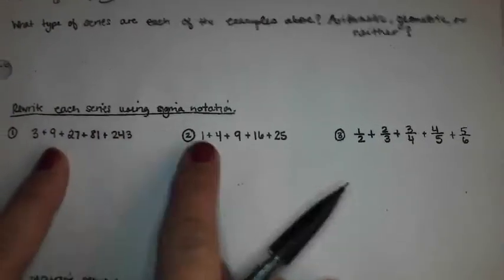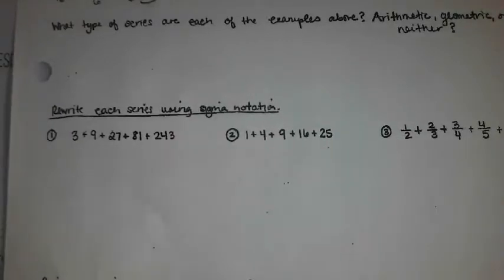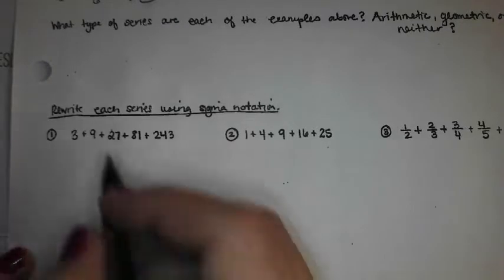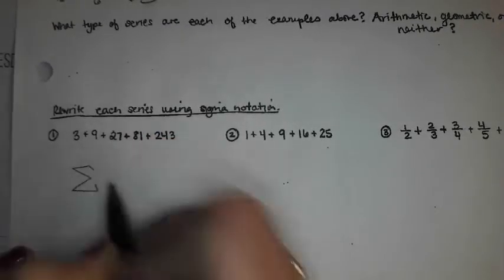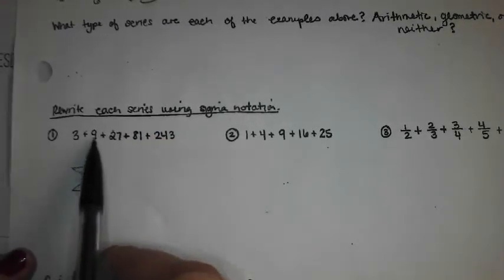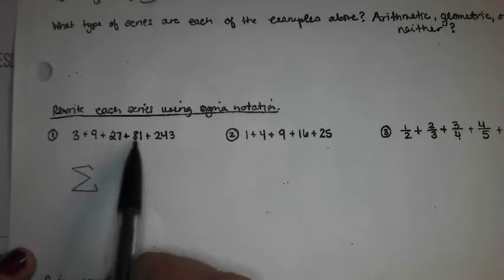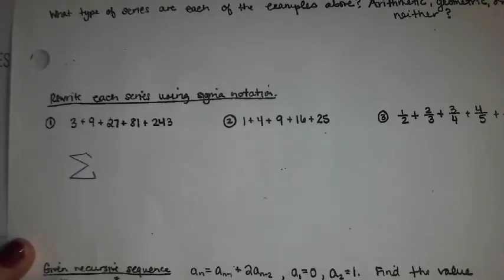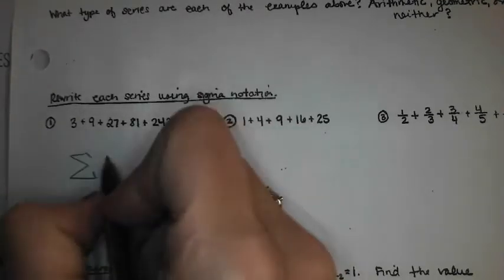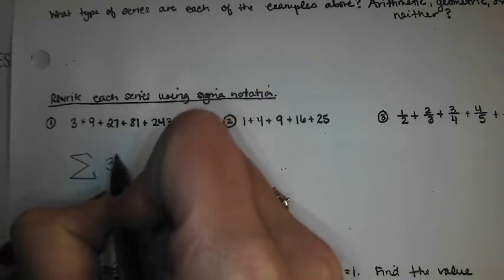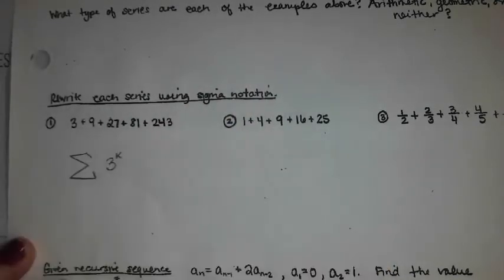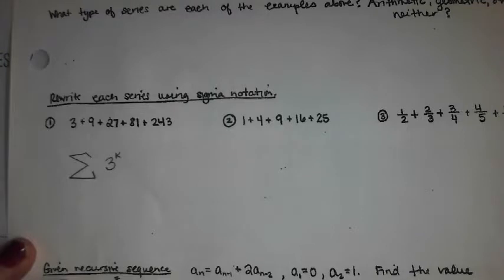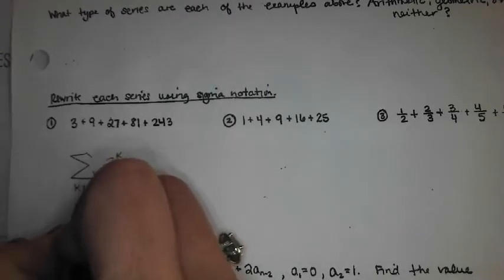So we're given a couple sequences here, and we're asked to rewrite each using sigma notation. Can you see a pattern here? What's the pattern here? Nate? Okay, so 3 is being raised to some power. I'll just say k. So where is this starting?